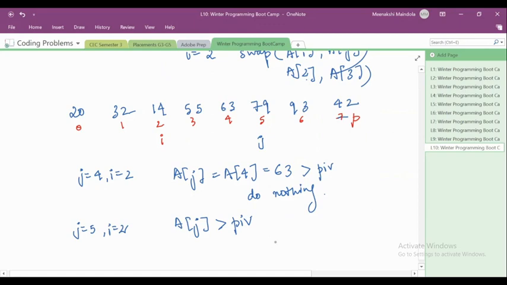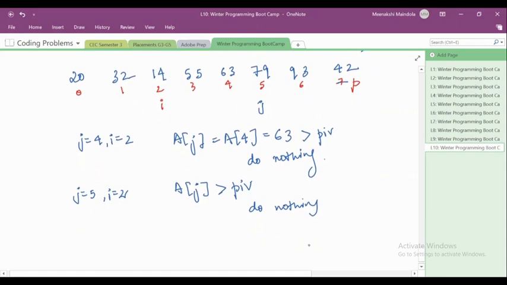So again we do nothing and move to the next iteration, where j is equal to 6 and I remains at 2. Again we compare A of j, which is 93, with the pivot element, which is 42. A of j is again greater than the pivot element, so we do nothing.